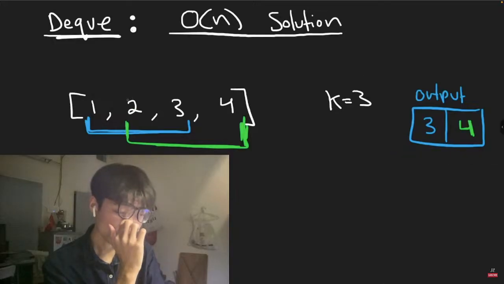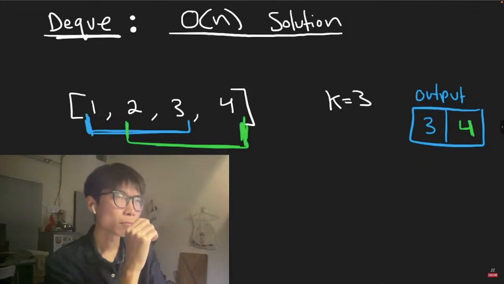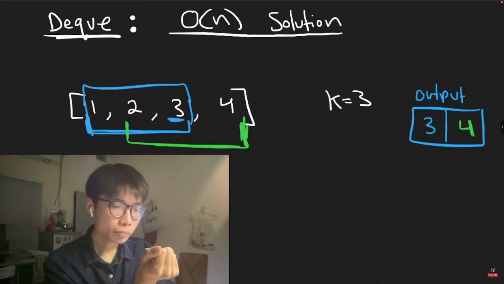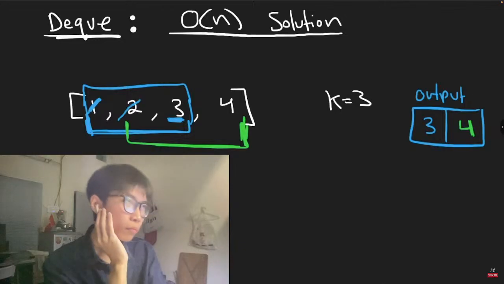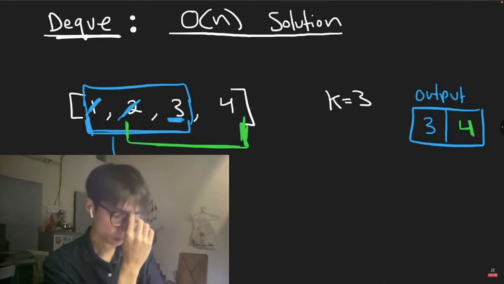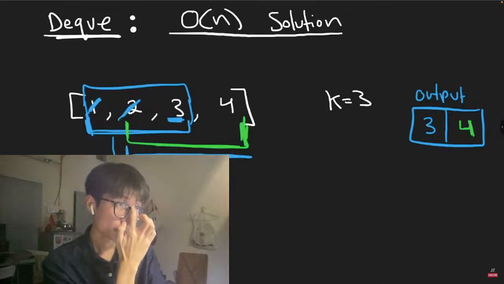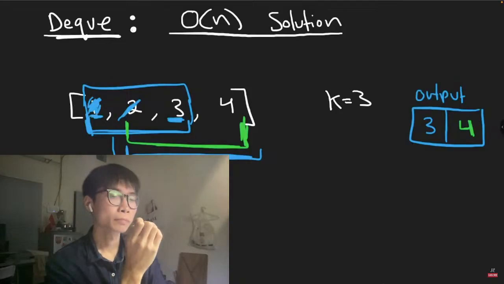But do you see the repeated work that we just did? As soon as in our first window, we saw 1, 2, 3, we know 3 is greater. So we basically eliminate 2 and 3. And then when our window is at the next position, 1 is no longer a part of our window, so we don't need to worry about 1.